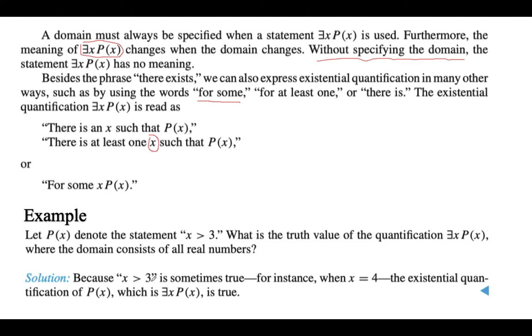Solution: because x is greater than 3 is sometimes true, for instance when x is equal to 4, the existential quantification of P of x is true. So there exists an x, namely x equal to 4, such that 4 is greater than 3, which means P of x is true.